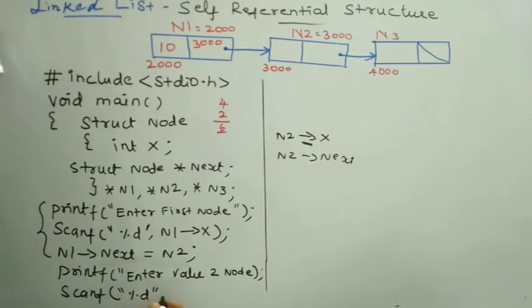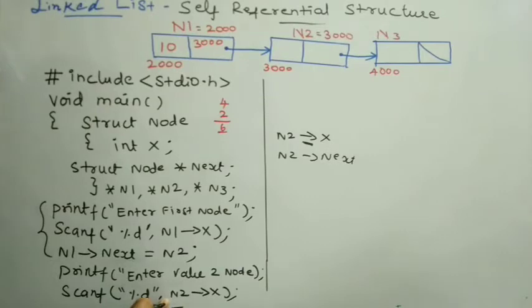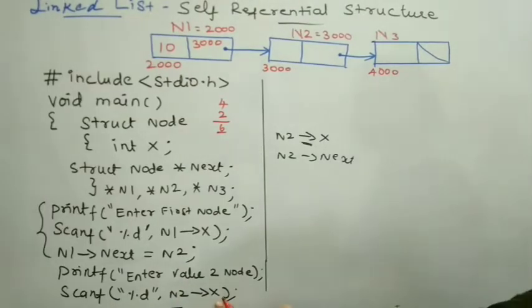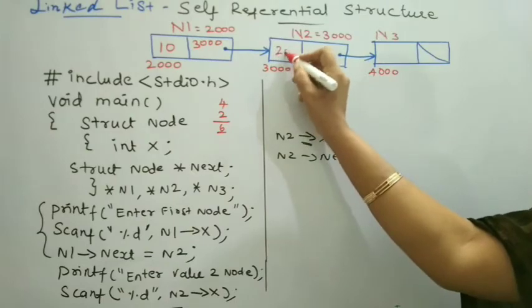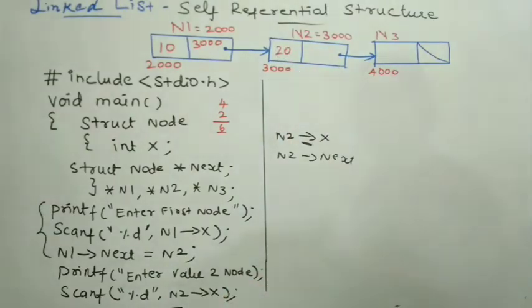Since x is an integer value. n2 arrowhead x. So why am I not using the ampersand symbol here? I am not using the ampersand symbol since n2 is the memory address assigned for this data member x. When this statement is executed, for example if I give the value 20, then 20 will be stored in the memory location allocated for this data member.